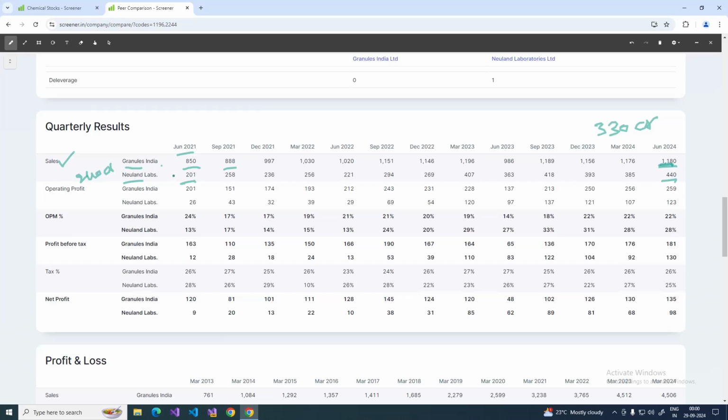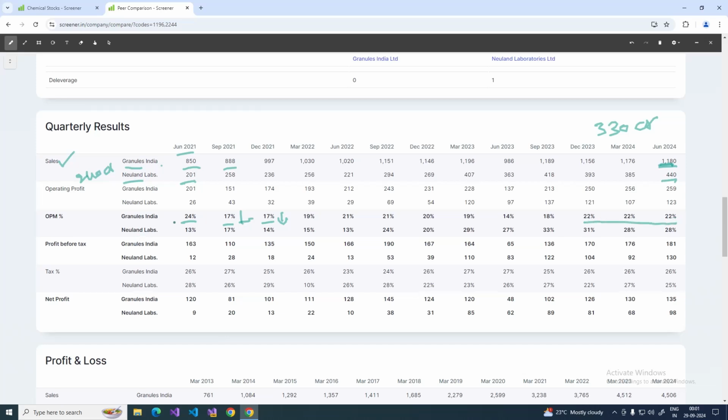Next one, operating profit margins. If you see here, in 2021 Granules operating profit margins are 24%, then 17, here down, then 19, like that. So currently they have 22% operating profit margins.